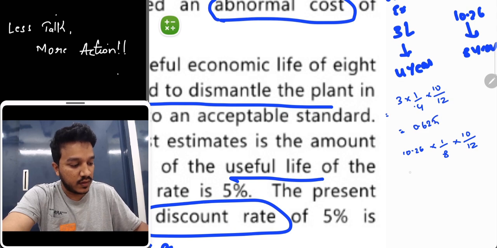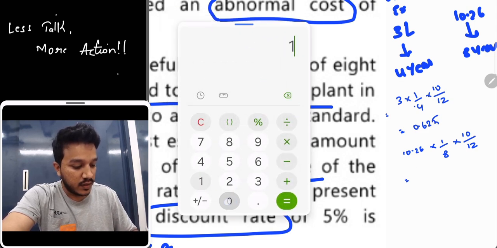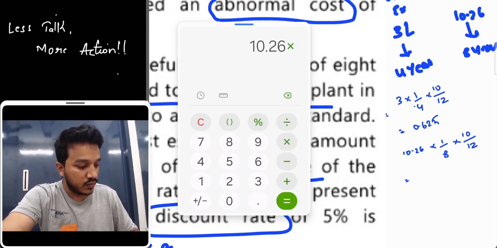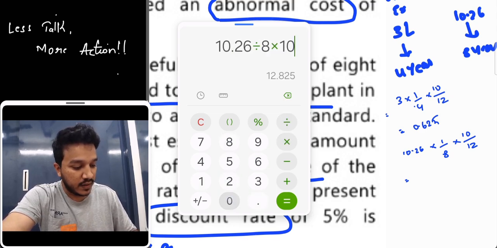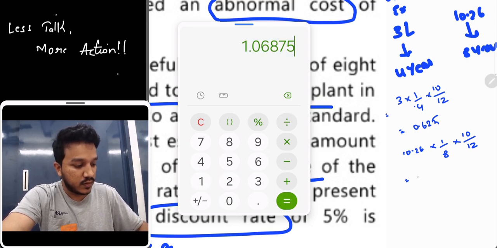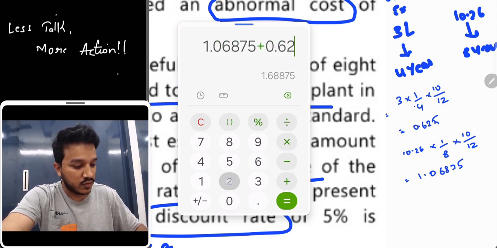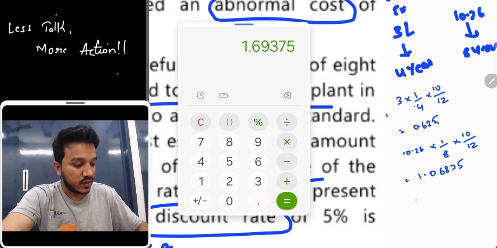And then its answer, I'll do it here: 10.26 divided by 8 into 10 divided by 12, it comes to 1.06875. If you add this to 0.625, it comes closely to 1.69375, meaning take it as 1.7.